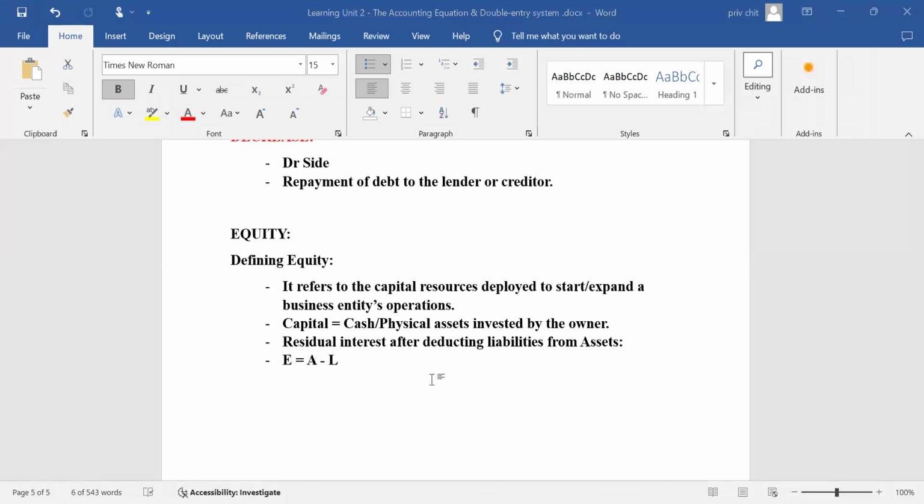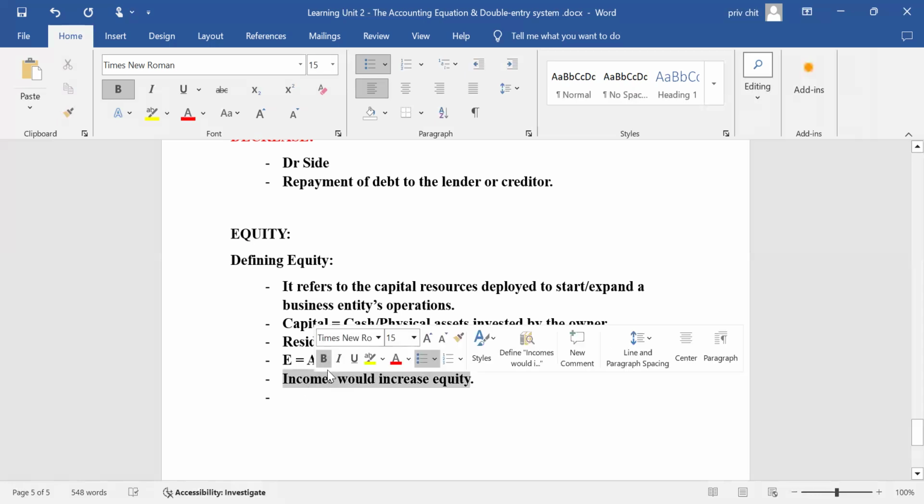Yes, sir. Beautiful. Now, when you're looking at equity, I want you to understand something else. Incomes would increase equity. Are we together there? Yes. This one I'm going to put in a different color because it's very, very important.